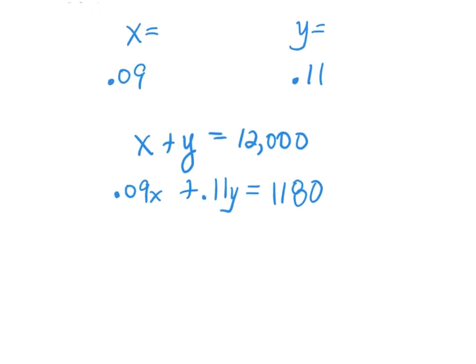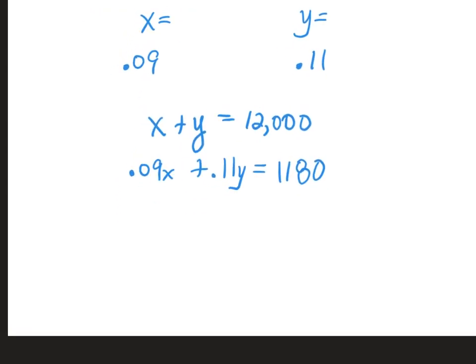Now, 2 things you can do here. If you don't like working with decimals, what could we do? You could multiply the bottom by 100. That's fine if you want to do that. If you don't mind decimals, then don't worry about it. Which equation, since we have to use substitution, which equation would be easier to just solve for one variable? The top one. Okay? It doesn't matter to me, guys.